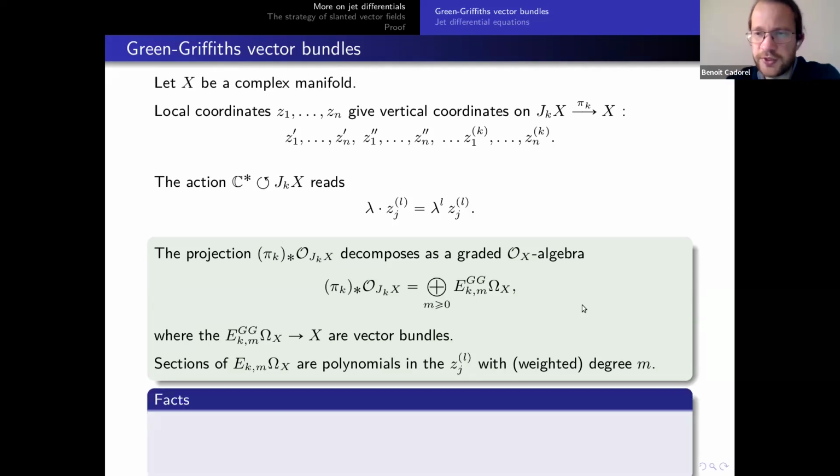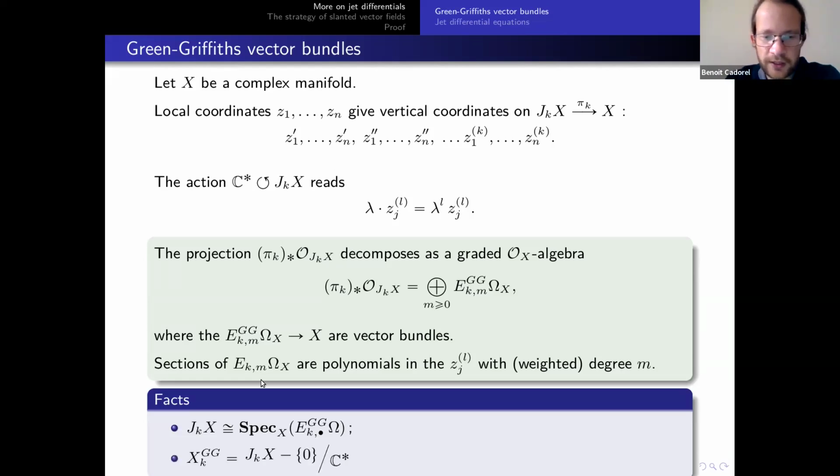Now, if you take the Spec of this algebra, you get back your J^k X. So the relative spectrum of this algebra taken above X gives you an affine scheme lying above X. And also, if you consider the Green-Griffith jet space, as I said earlier, this is given by J^k X minus the zero section quotiented by C star. It is simply given by the Proj functor applied to this algebra.